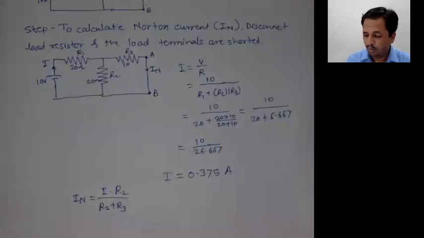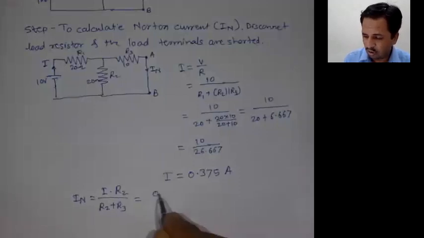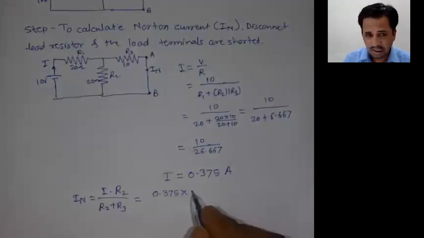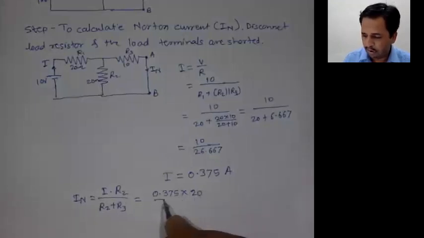Now here, by putting in the values, we get the value of the equivalent Norton current. What is that? Here it is 0.375 into the value of R2, which is 20 ohm, divided by 20 plus 10, that is 30 ohm.